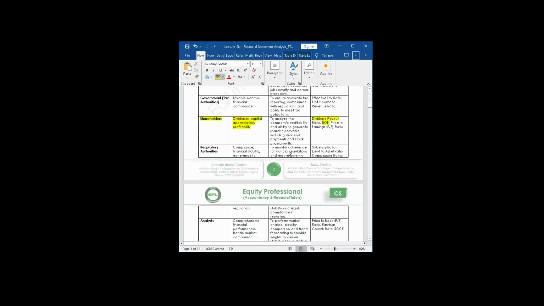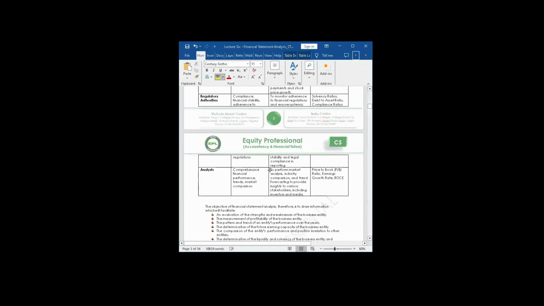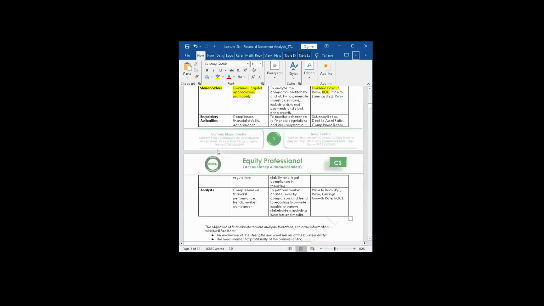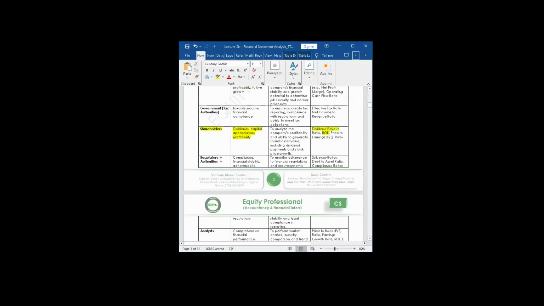The reason why I have to go through this is that a question might tell you only the user in a requirement. A group of people have requested you to do an analysis of the following complaints.